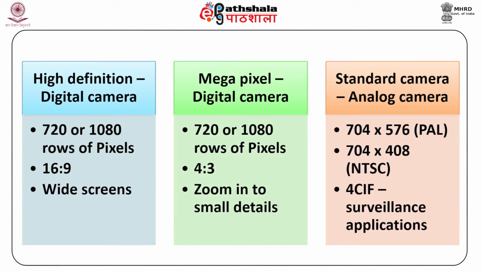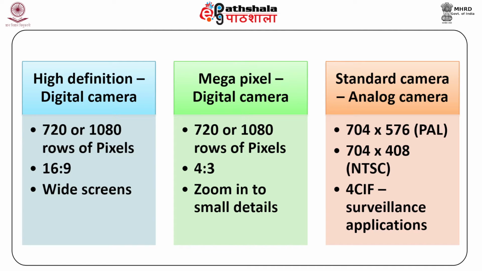The more the lines of resolution in the picture, the higher the excellence of the image. Today's cameras, high definition cameras or digital IP camera, which is 720 or 1080 rows of pixels, format is 16:9, works best with wide screens. Then next is megapixel or digital IP camera.